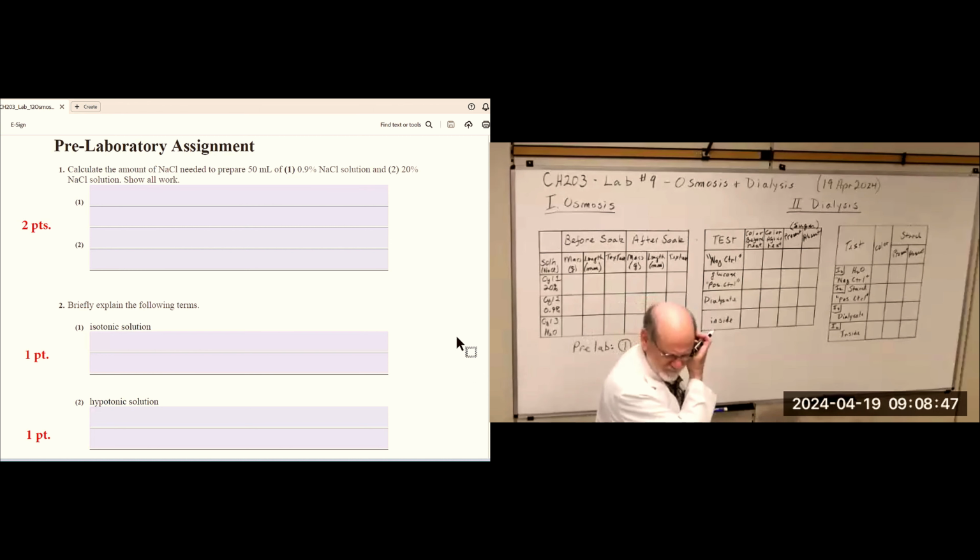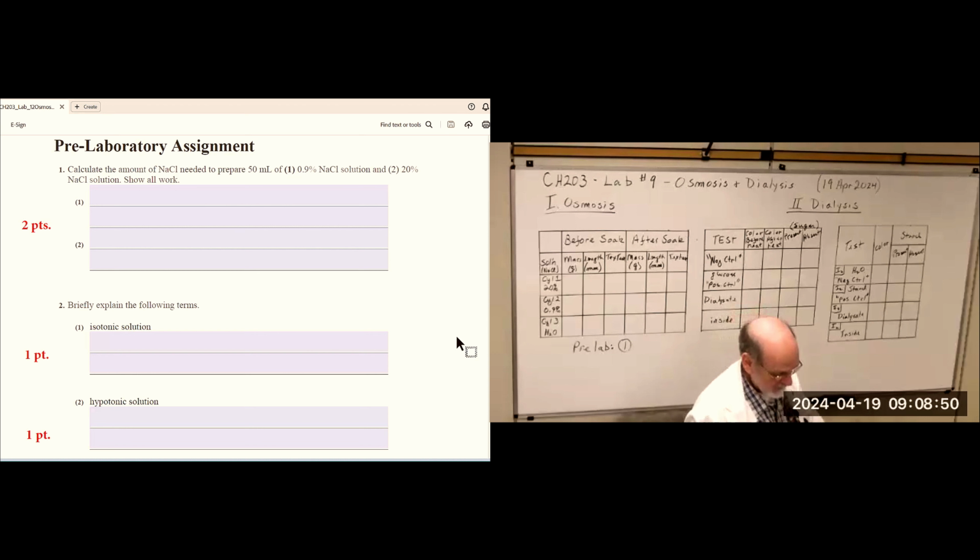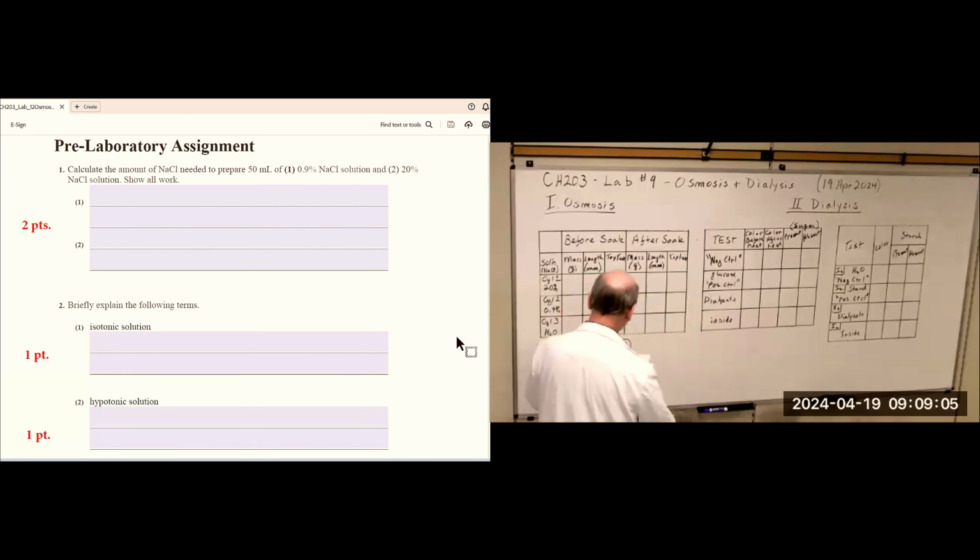So PreLab number 1, by the way, no, I'll wait on that. We'll just do the PreLabs first. Okay, PreLab number 1, and it's got parts 1 and 2. So the first activity is to calculate the amount of sodium chloride needed to prepare 50 milliliters of 0.9% sodium chloride solution. If we need 0.9% sodium chloride, what does that mean?